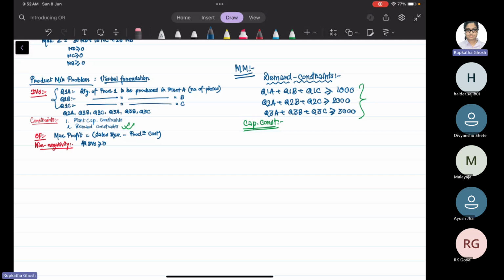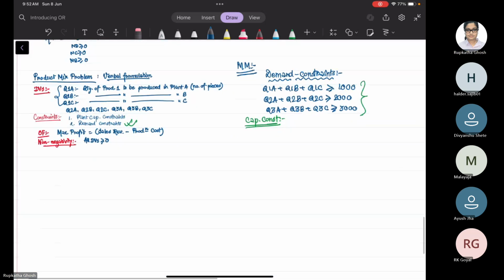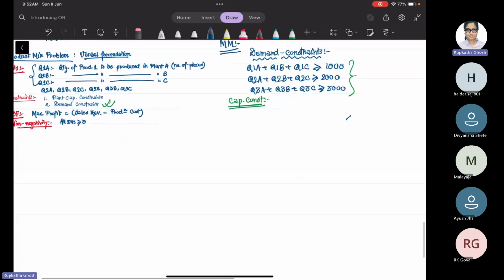What is the statement in your question which states the production capacities? It is 500, 800, and 700 hours. So for plant A it would be less than or equal to 500, plant B less than or equal to 800, plant C less than or equal to 700. Now let's say I want to write my constraint for plant A. How will I write it?